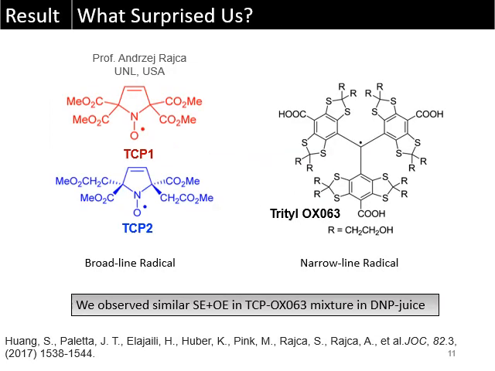What actually surprised us is that we observed a similar solid effect plus Overhauser effect in the TCP trityl mixture in DNP juice, which is completely different from the BDPA case. TCP is a broadline nitroxide radical provided by our collaborator, Professor Andrew Rajca from the University of Nebraska-Lincoln, and trityl is a narrowline radical.